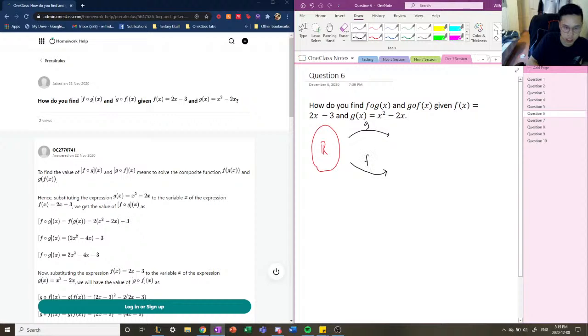So this is g, this is f, and we have the range of g of x, and we have the range of f of x. Like in my previous illustration, I've already described the domain and range. So independently, these two functions work, right?